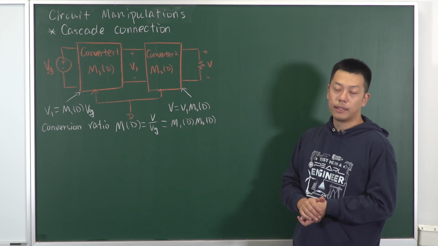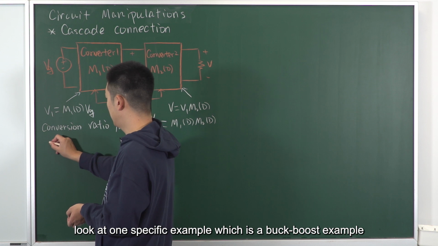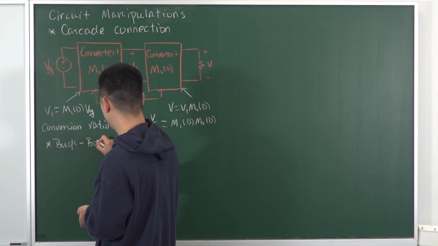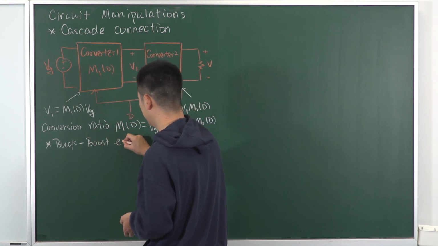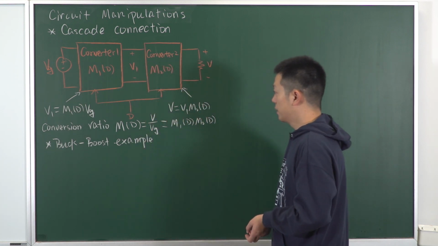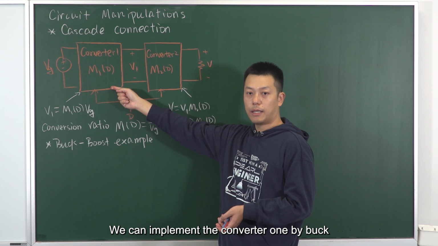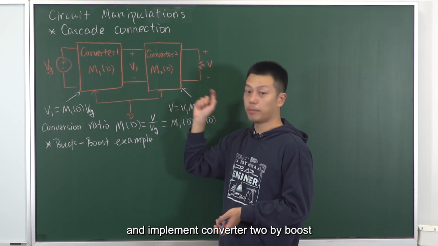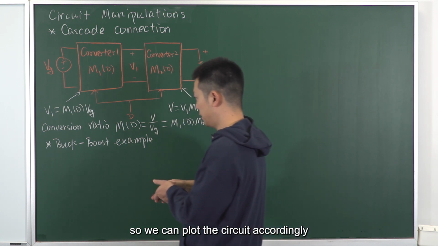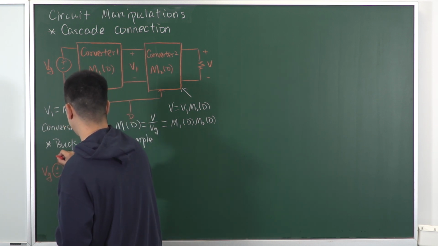Next, let's look at one specific example, which is a buck boost converter. We can implement converter 1 by a buck and converter 2 by a boost. In the middle, we place a filter capacitor, so we can plot the circuit accordingly. Here is the input voltage source.